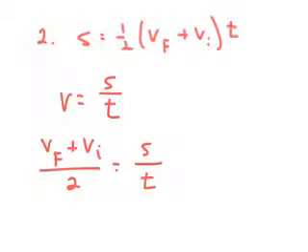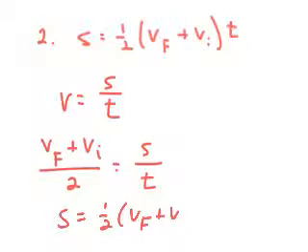So once again, if you now just rearrange here using the algebra, if you cross multiply the t, you end up with s equals 1/2 times the quantity v f plus v i times the t that we cross multiplied. And then we flipped it around using a symmetric property.